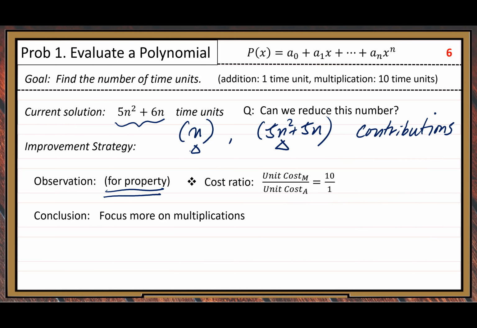Here, our conclusion is we focus more on multiplications, not additions. The addition number is already very small, so no room for improvement. If we focus more on multiplications, we will have more room for improvement.